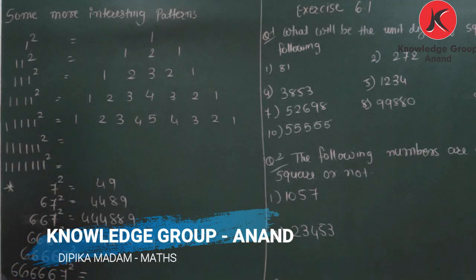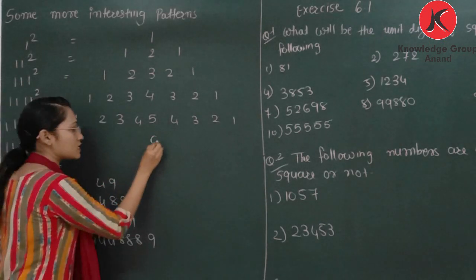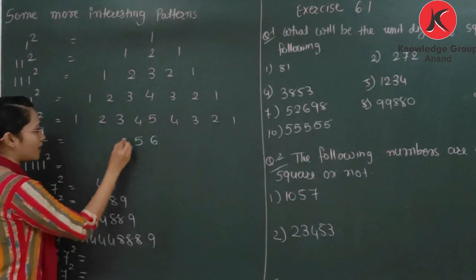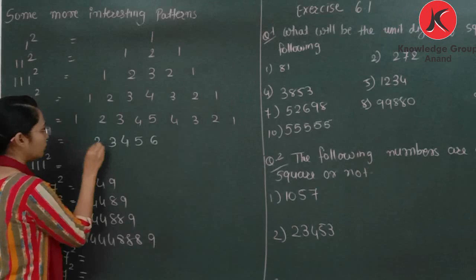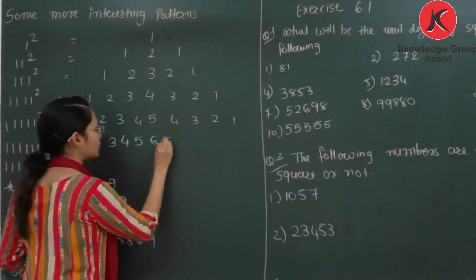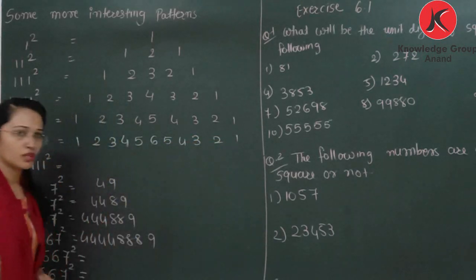So for the next step, you need to count the number of 1s. So here 1 2 3 4 5 6. It means you need to start from 6 in the center, then decrease the number on the left side and decrease the number on the right side: 4 3 2 1.